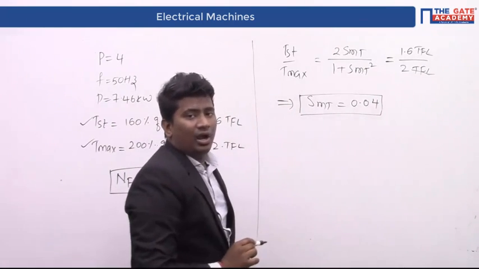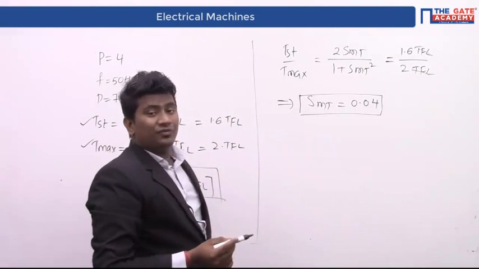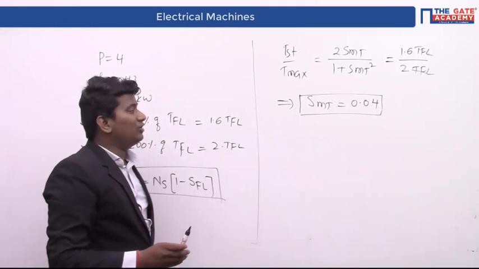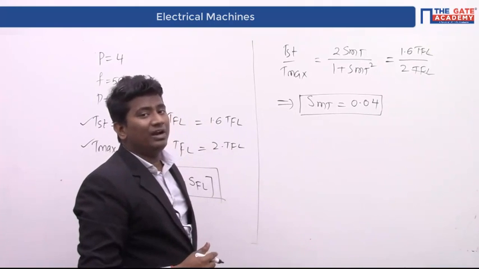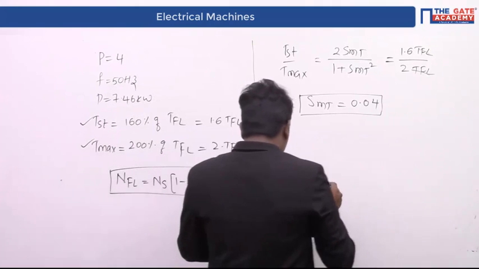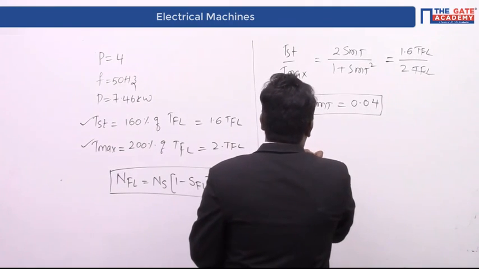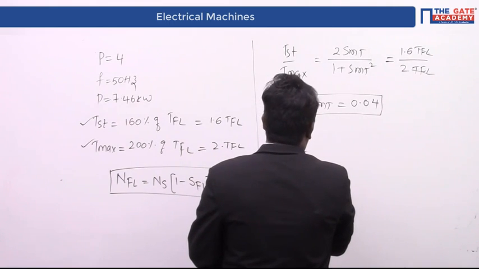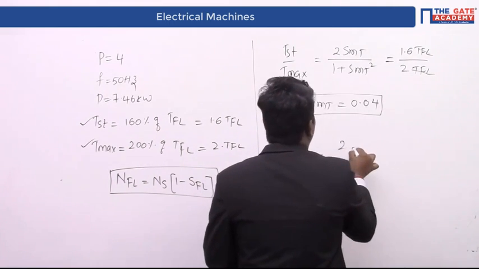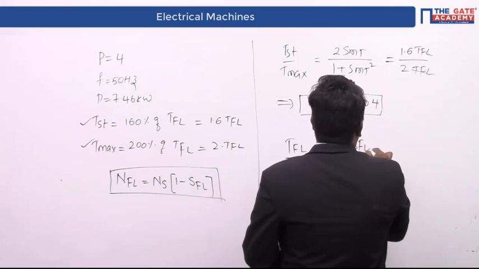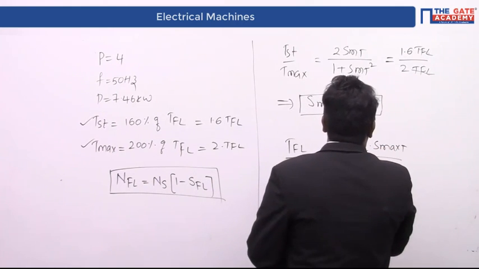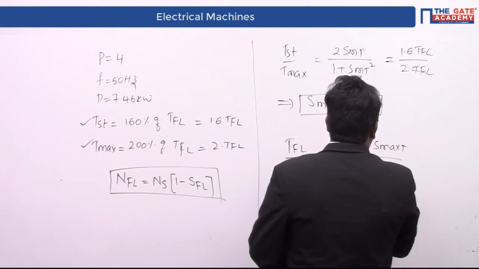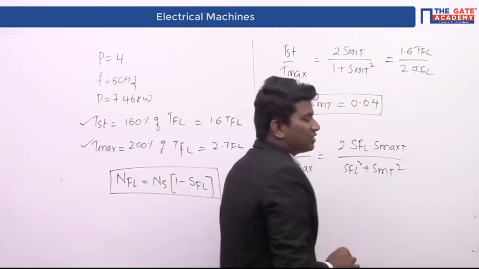0.04. Now, your objective is to find the speed corresponding to the full load. It means you require full load slip. How to find full load slip? As we know the relationship between T full load by T maximum: 2 into SFL into S maximum divided by SFL square plus SMT square.